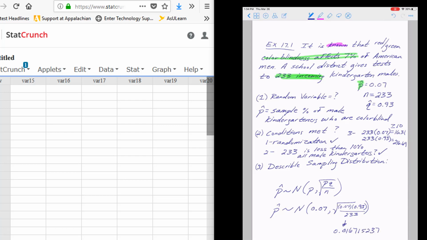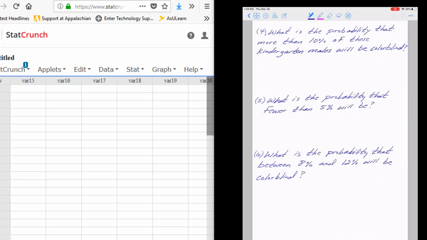That's just taking it out to quite a few decimals. That's my standard deviation. And this is my mean. Okay. Pretty small standard deviation. We are talking about percents though. This is like a little bit over 1.5% standard deviation.